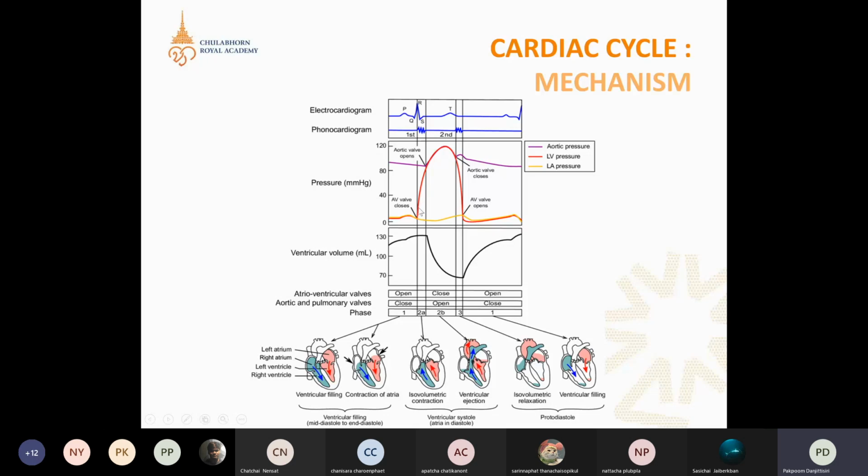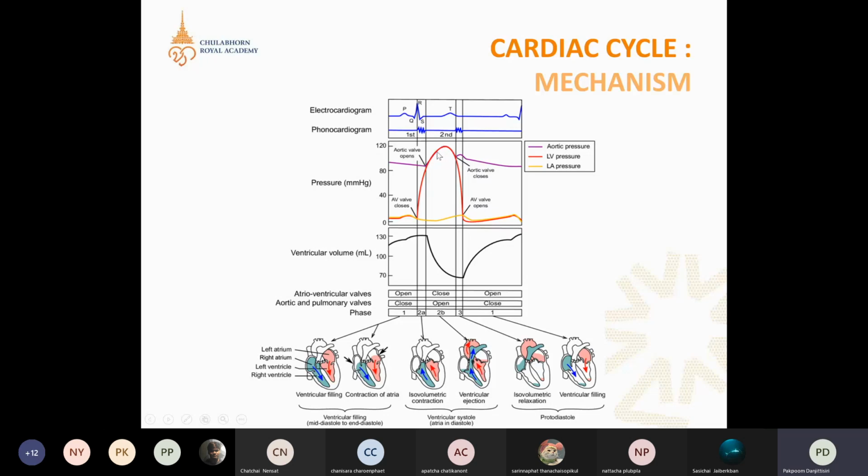So the ventricles build up the pressure inside without any change of volume, just change the pressure inside. At this point, after the pressure in the ventricle is higher than the aorta, the ventricle will be capable of pumping blood into the aorta and cause the systolic phase over here.